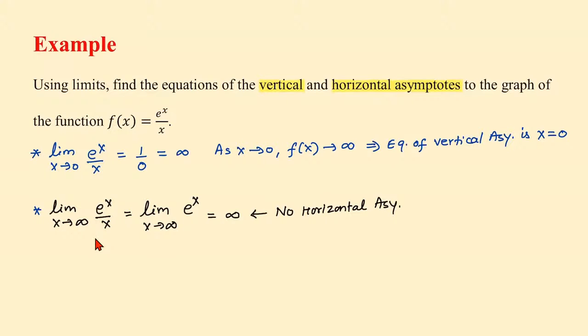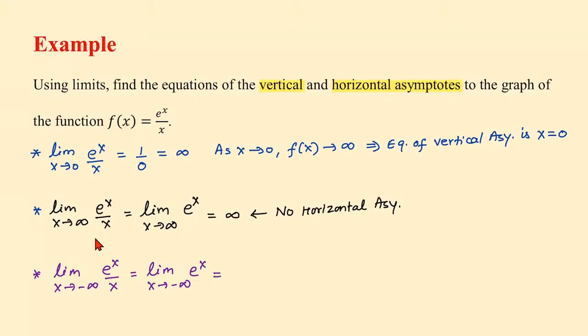Now let's try when x approaches negative infinity. Limit as x approaches negative infinity of e to the x over x. Same thing, we use L'Hopital's rule again. So we get the limit as x approaches negative infinity of e to the x.